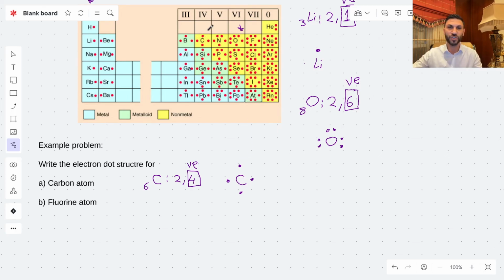As you can see, it's right here. What about the fluorine atom? Fluorine, F, from the periodic table, has atomic number 9. That means we have 2 and 7, meaning we have 7 valence electrons, and the fluorine dot structure is going to be 1, 2, 3, 4, 5, 6, and 7 valence electrons.